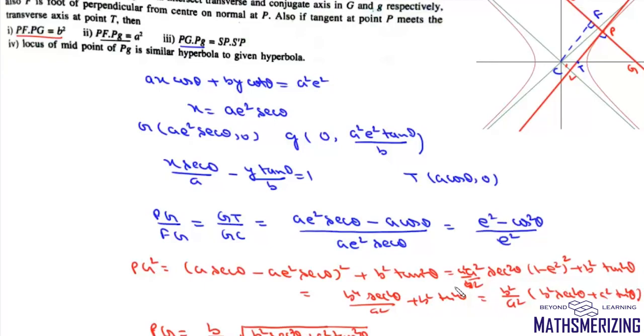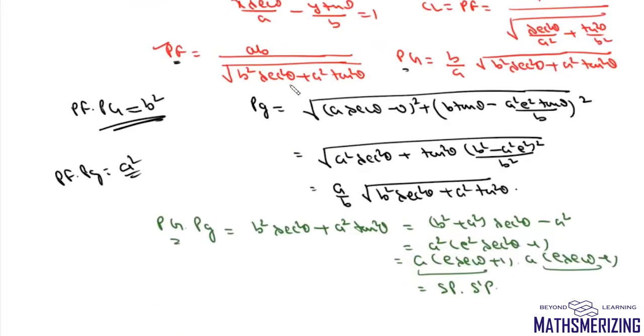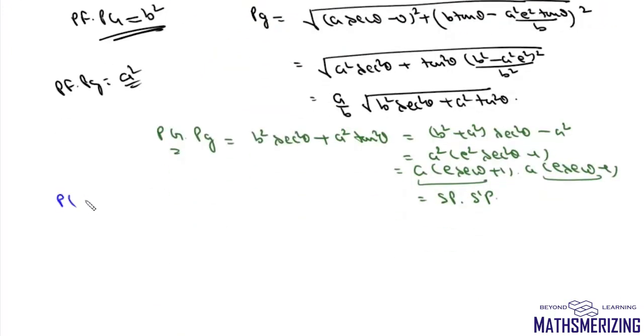And finally, we need to prove that locus of midpoint of PG is similar hyperbola to a given hyperbola. So we have point P is A secant theta, B tan theta, and coordinate of this point G is 0, A square E square tan theta upon B. Now we need to find locus of midpoint.